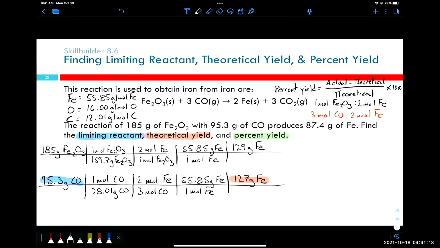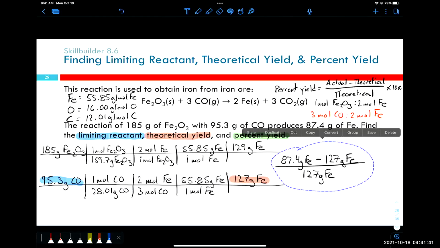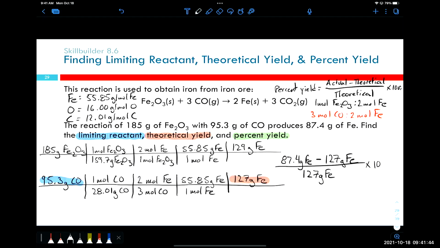And then we can calculate our percent yield. So I'm going to take our actual, which is what we were given, 87.4 grams iron, minus our theoretical, 127 grams of iron, and divide by our theoretical, and then we'll multiply that by 100% to get a percentage.